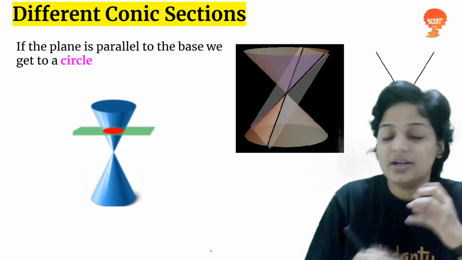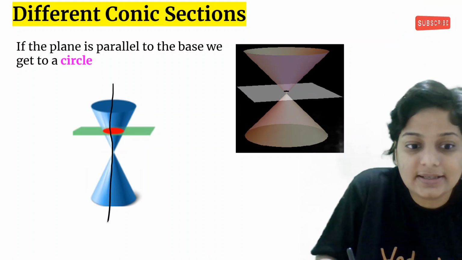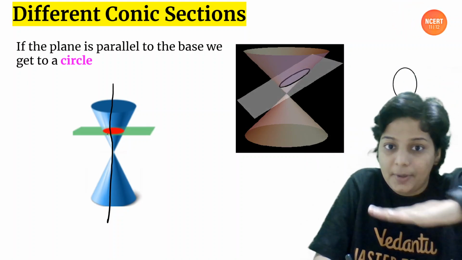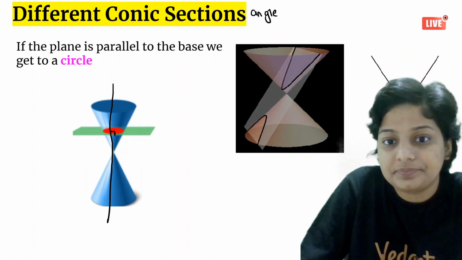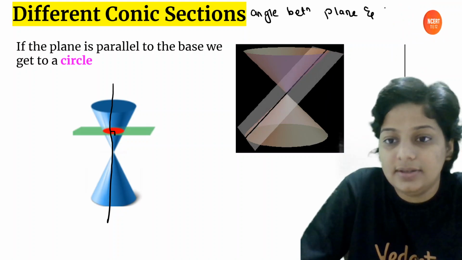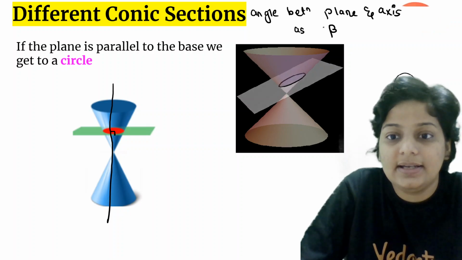So let me also tell you this mathematically. Right now, if you look at this, there is the cone and the plane. This is cutting perpendicularly. So let us call the angle between plane and axis as beta.